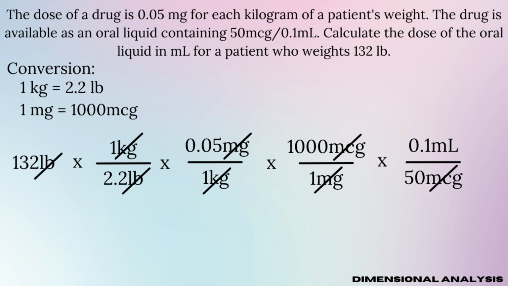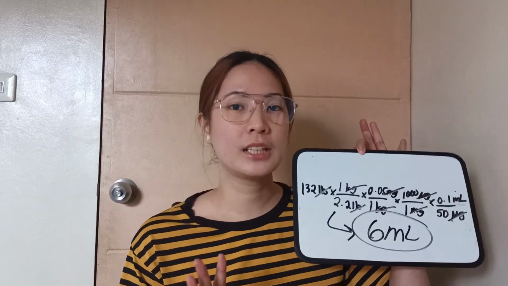Canceling the similar units on the numerator and denominator, we have 6 milliliters, and this is the dose to be given for the patient. Be careful lang guys if you're going to place the values and units kasi yun yung pinaka-common na reason as to why nagkakamali talaga yung mga students.